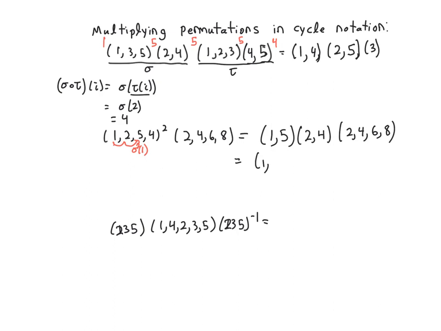What happens to 1? As I read from right to left, 1 doesn't appear in this cycle. 1 doesn't appear until you hit this cycle, so 1 goes to 5. Likewise, reading from right to left, 5 doesn't appear until that first 2 cycles, so 5 goes back to 1. Okay, that's not that interesting, but oh well. Likewise, 2.